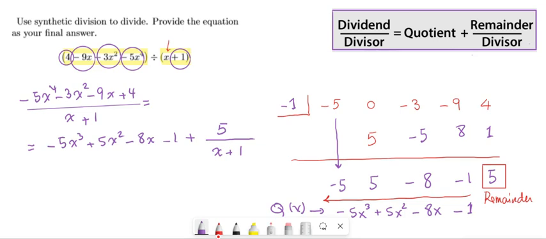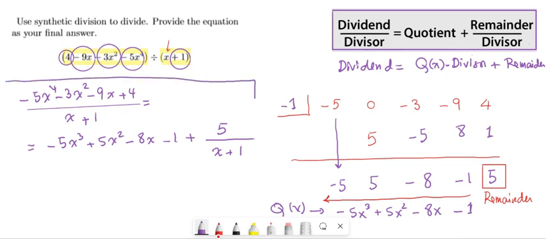There is another formula you can use as well. The dividend equals the quotient, which I'm going to write as q of x, times the divisor, plus the remainder. This is what they are asking you to do in this question.